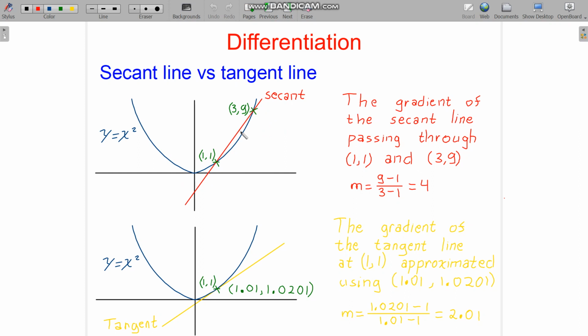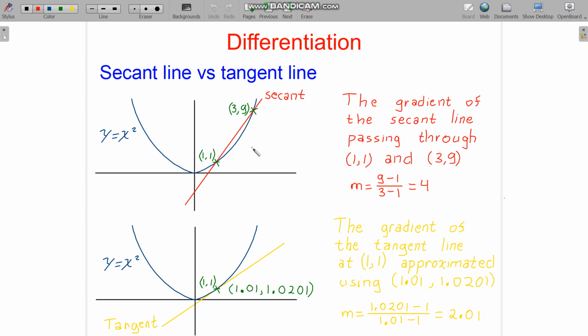We can just use some points. For example, here if we use 1.1 and 3.9, then the gradient of this secant line will be y2 minus y1 over x2 minus x1, so we get 4. But this is not the tangent gradient when x equals 1, of course.